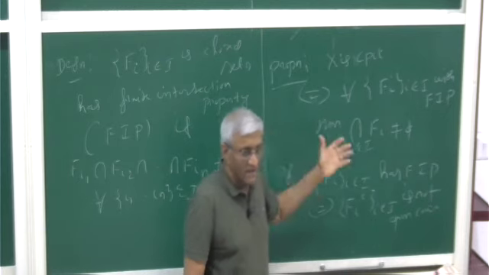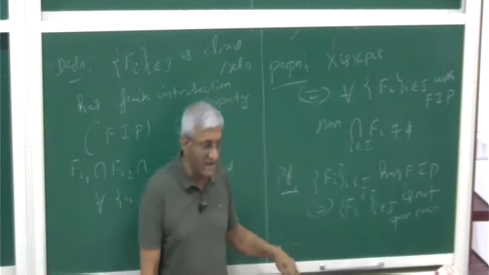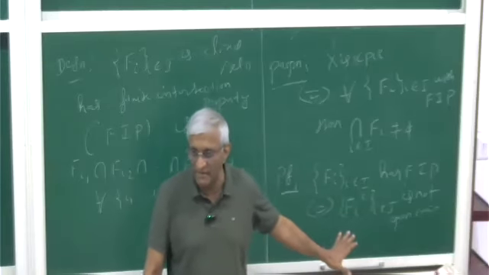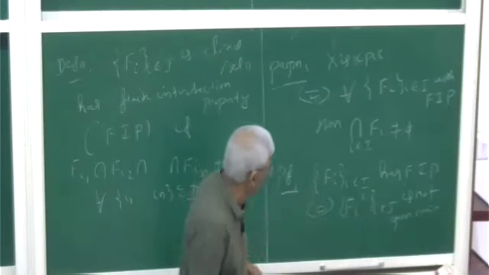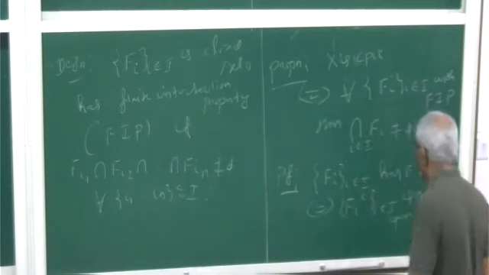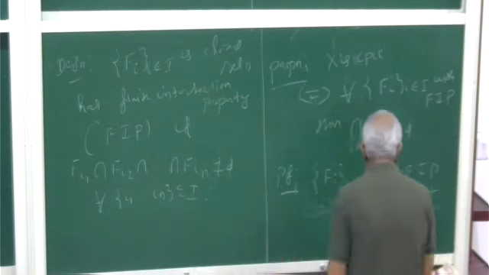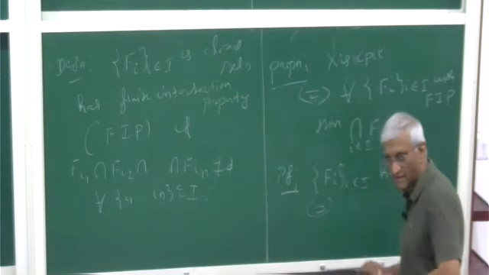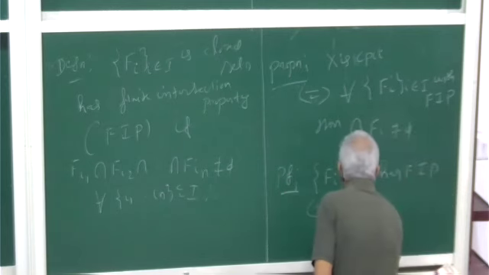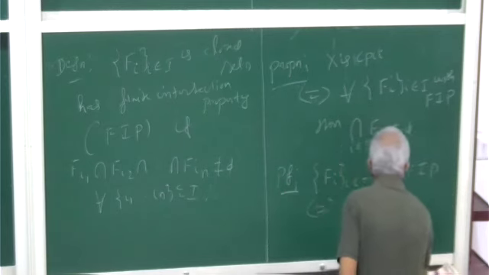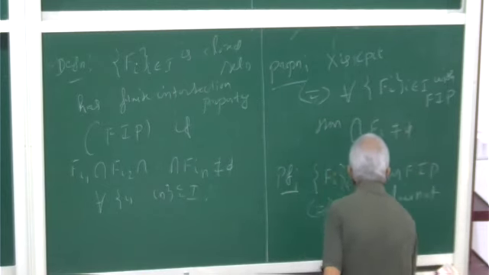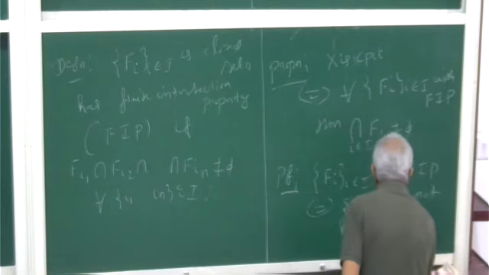Wait a minute, sorry, what I wrote is not correct. This just says that the collection of F_i complements does not have a finite subcover.